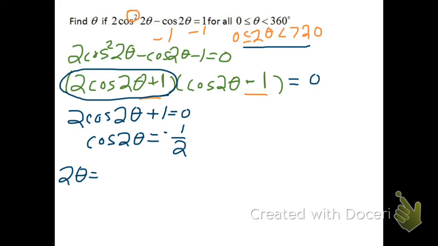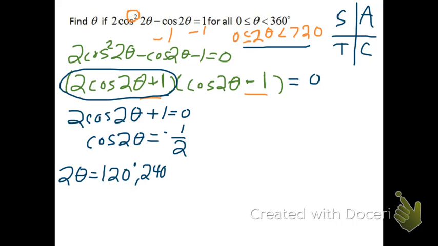But we want to get negative 1/2, so we have to find angles in quadrants 3 or 2, or 3 rather, and I guess it's the same idea, I just like saying the smaller one first, because that's where cosine is negative. So an angle in quadrant 2 with a reference angle of 60 would be 120 degrees, and an angle in quadrant 3 with a reference angle of 60 would be 240.